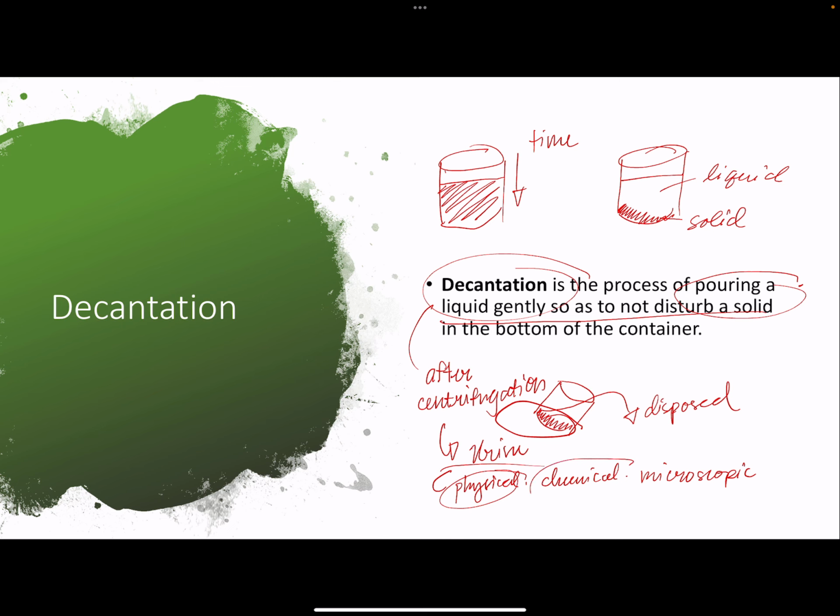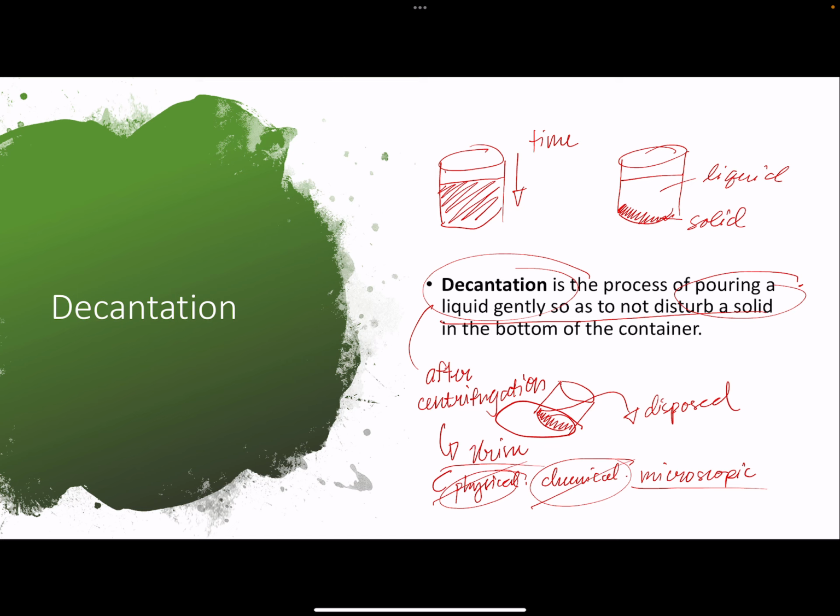And then you have your chemical, which is concerned with the chemical constituents of the urine. And then after chemical analysis, since we no longer need the physical and the chemical, we can dispose of the excess. So what we do is we centrifuge the urine, and then eventually we undergo microscopic analysis on the sediments of the urine.